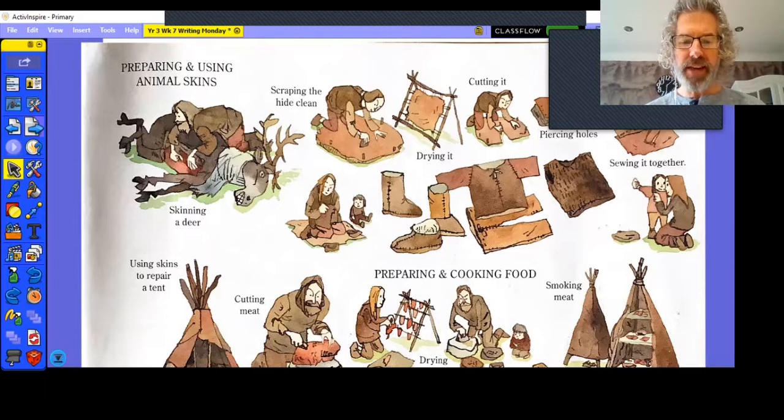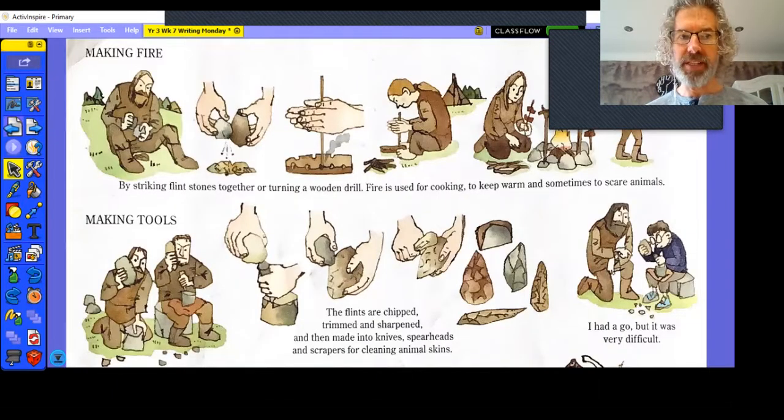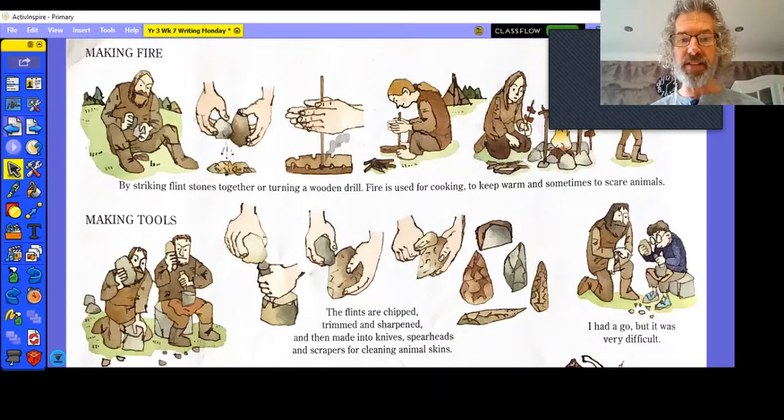So we're going to break it down one stage at a time. This week, we're going to particularly focus on the making fire and making tools section. But for today, just as it's the first time of looking at it, I want you to experience everything across the pages and really explore those pictures and those words.